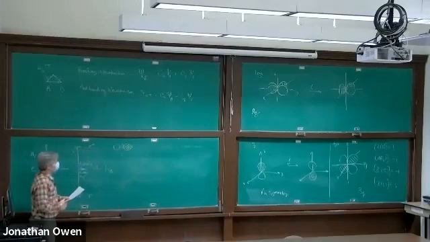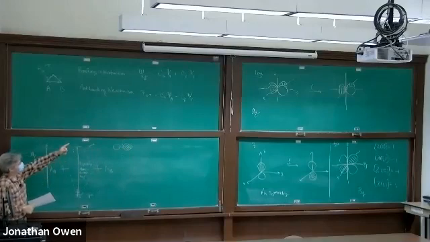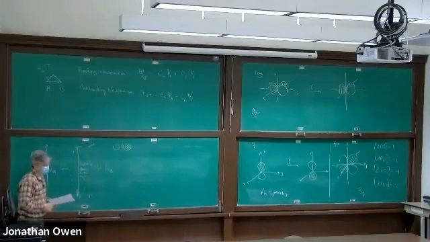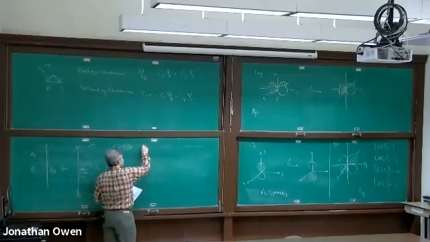You have two s orbitals that combine in an antisymmetric way, or in a destructive way. They have opposite signs, and between them there's a node. This is the anti-bonding orbital.